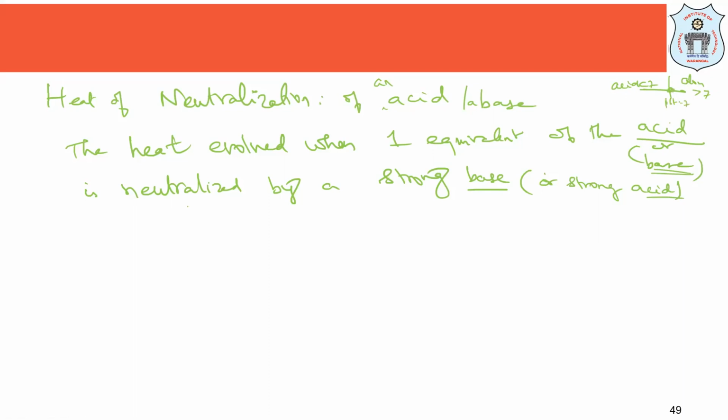Or even adjusting the pH within the alkaline condition itself, from 10 to 8, we again use the strong acid to neutralize it so that we bring down the pH. So it's not always bringing back the pH to 7. It may be from 12 to 10, or 12 to 8 also.